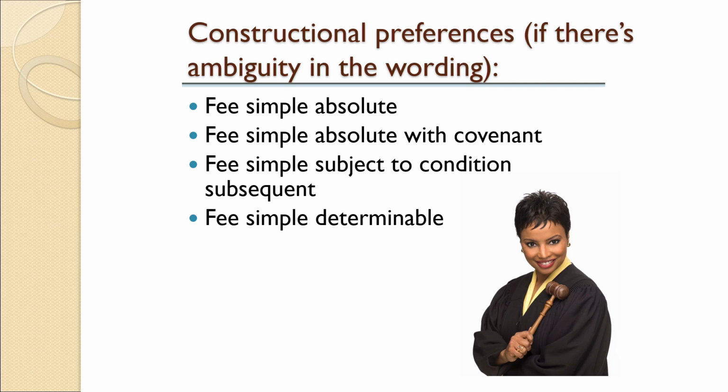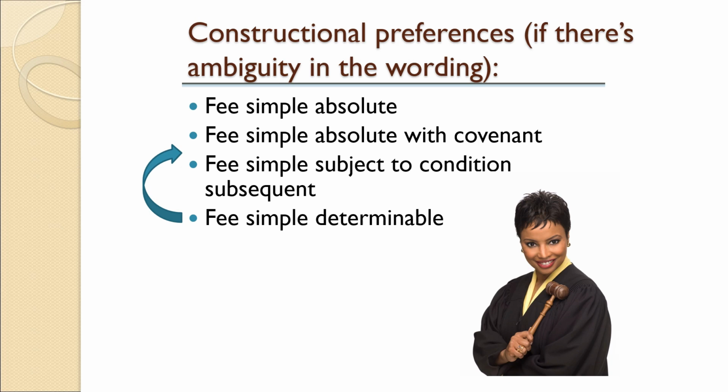The reason is that the fee simple determinable is much more likely to be turned into a fee simple absolute by virtue of adverse possession, as we've just seen. So if I had my way about it, I would take the fee simple determinable and put it before the fee simple on condition subsequent in terms of preferences. But that's only my opinion, and the courts don't agree with it.